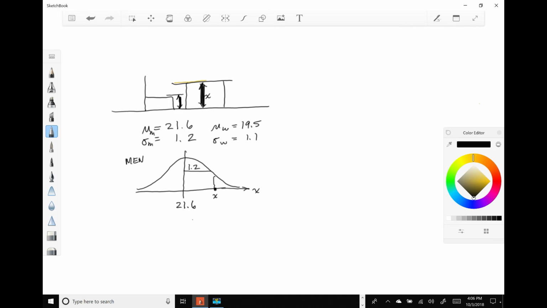So let's use a little color here and say that they want to know the value of X such that this red area is 0.95 and X is unknown.